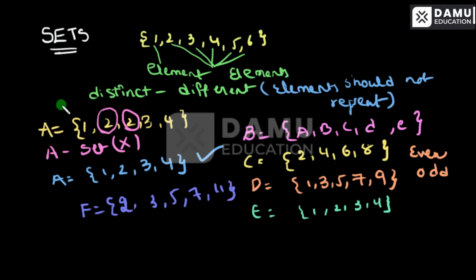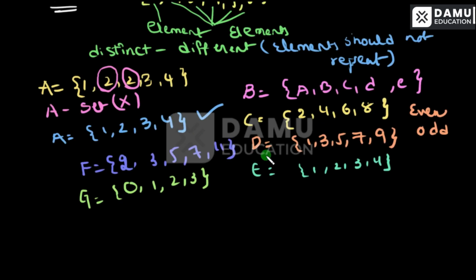Next, we'll write whole numbers with G: 0, 1, 2, 3 and so on. So it is a combination of all the elements. We'll write all the sets like this.